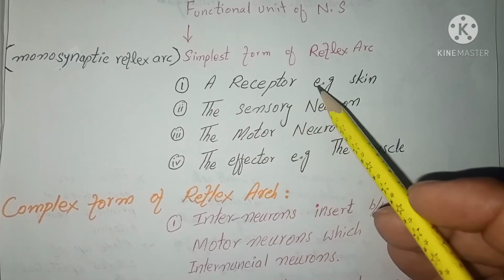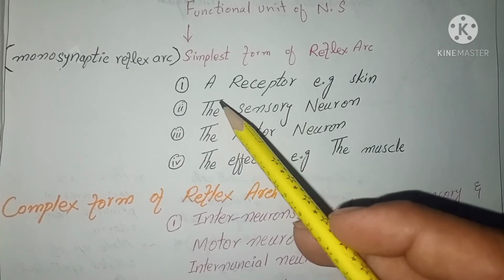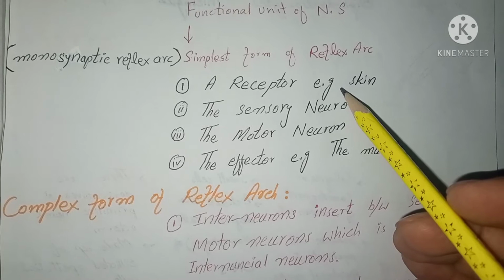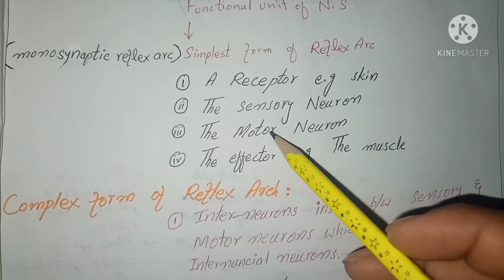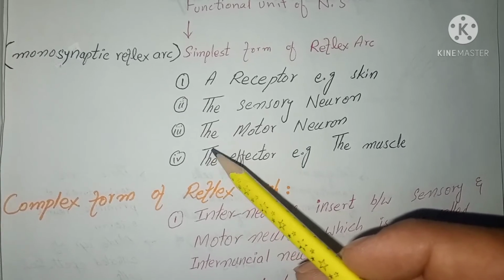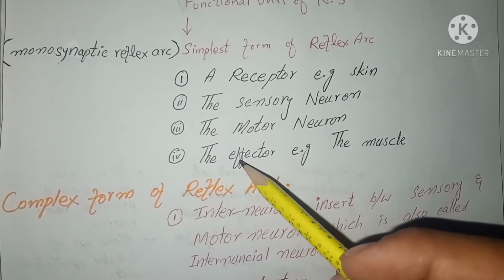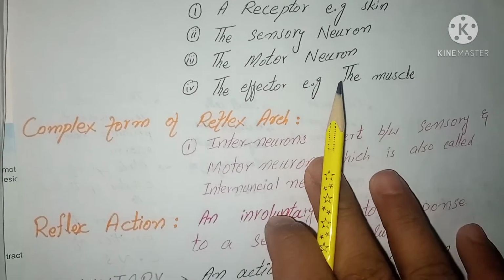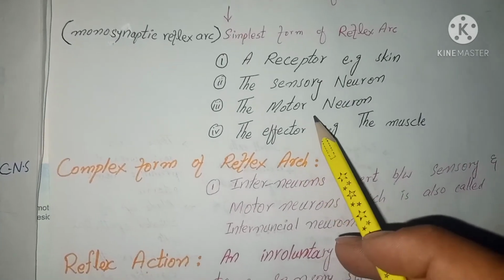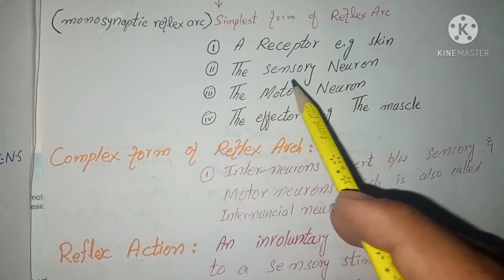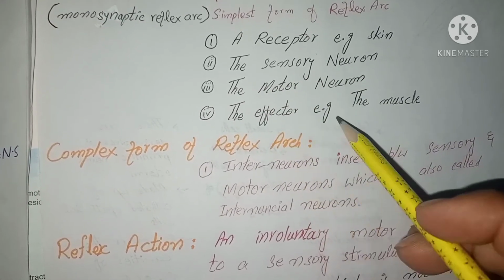So the receptor is on the skin, and the sensory neuron is also there. The sensory neuron takes the message to the CNS, and from the CNS the response goes back, known as motor neuron, motor action. And as well, the muscle is the effector. Okay, this is the simplest form, with four parts: a receptor, for example skin, sensory neuron, motor neuron, and effector.